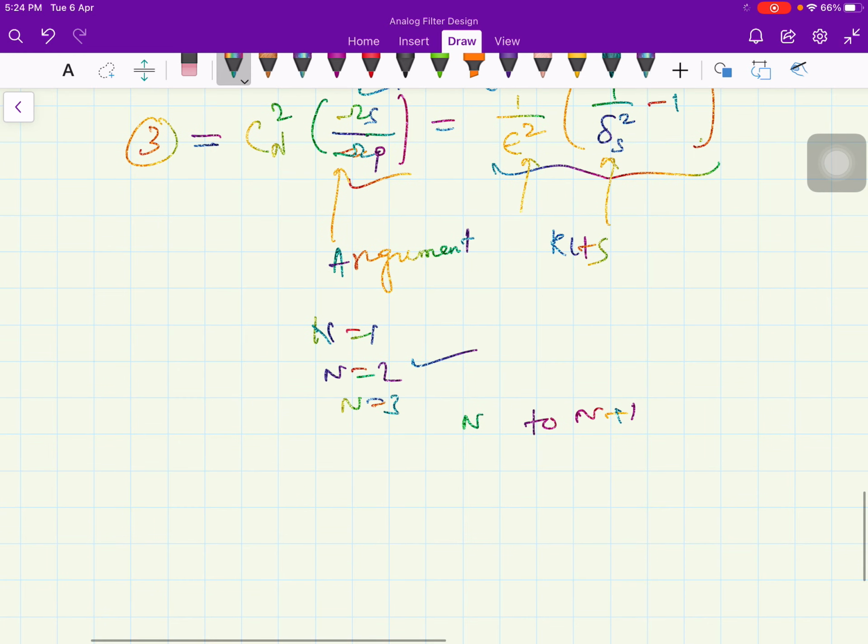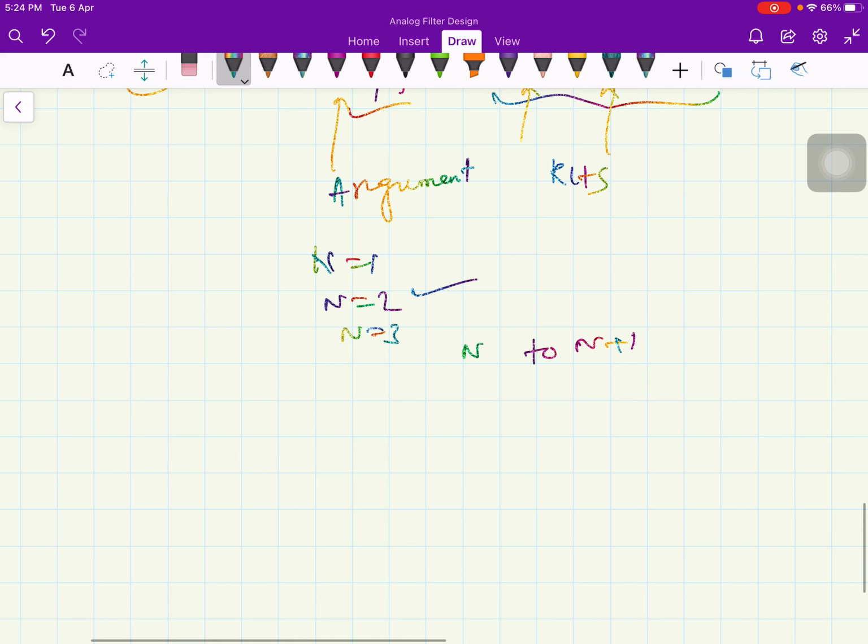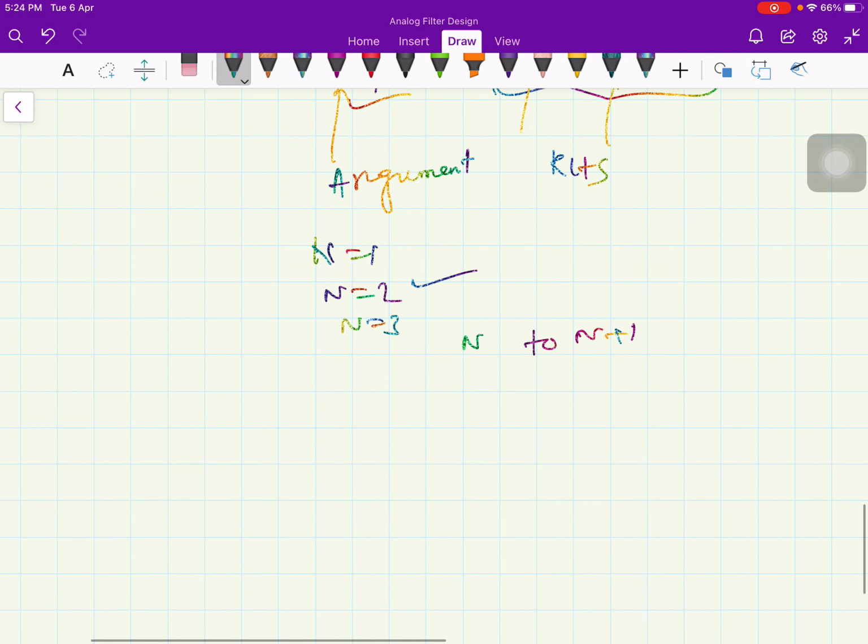The moment the left hand side exceeds, you stop the calculation, and that value corresponds to the order of the filter. There is no guarantee that they would be equal; in most cases they may not be equal. It doesn't matter.